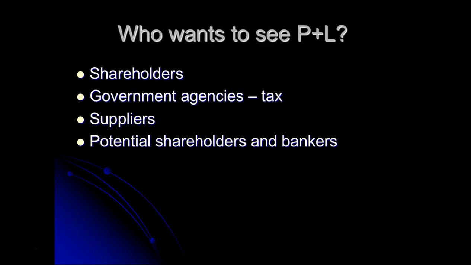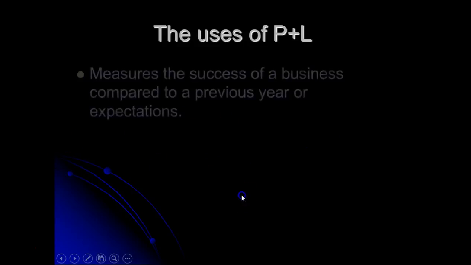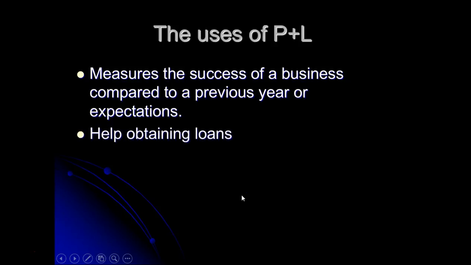There is a legal requirement to do this, particularly for tax. Added to that, from an internal control point of view, it does measure the success of a business, particularly when compared to the previous year, or to objectives and expectations. It helps them to obtain loans, and it gives an idea of how they can plan ahead.